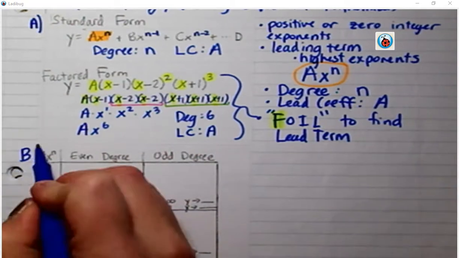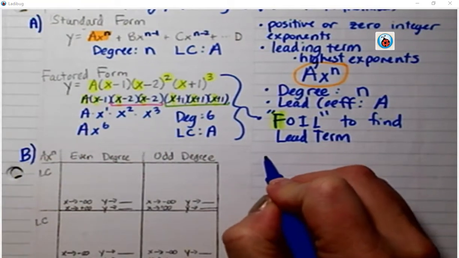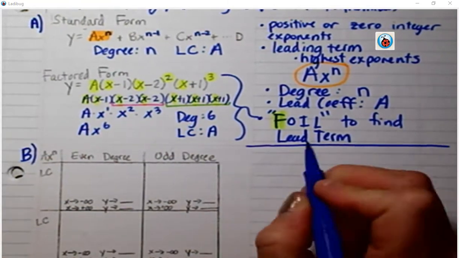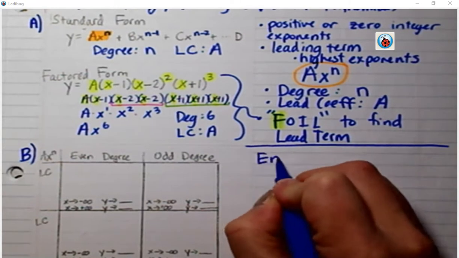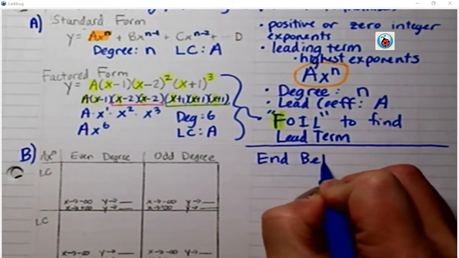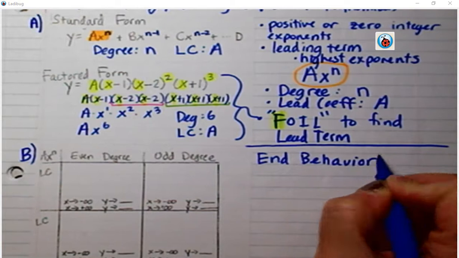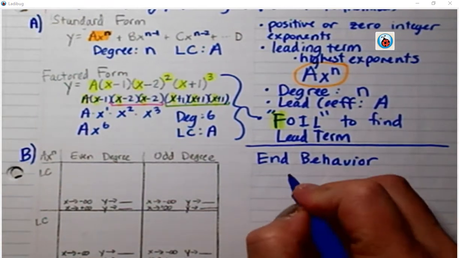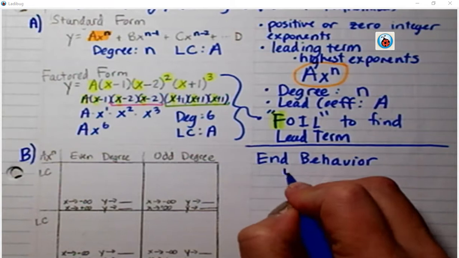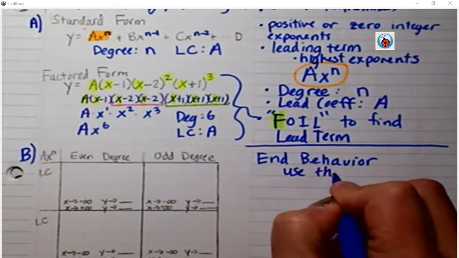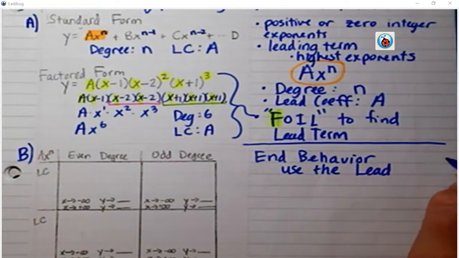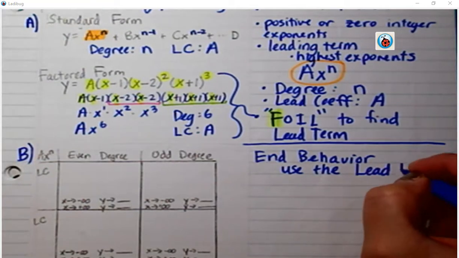B. N, behavior. I'm just going to draw a little line. There we go. Just tie it up. Okay. End behavior. End behavior is when you use the leading term, which I just told you how to find.